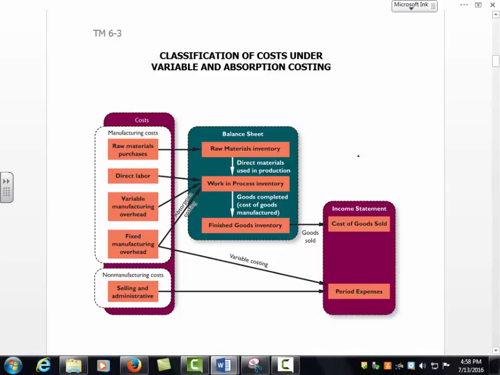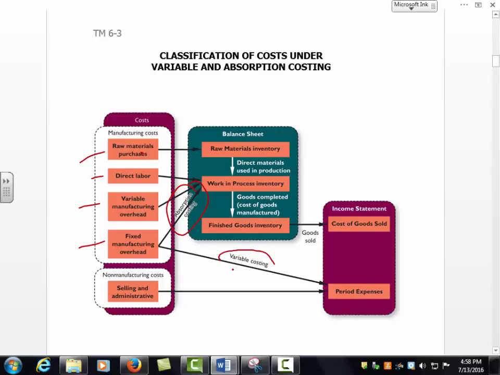So moving to the next slide on the handout, this is just a visual representation of what's going on. Materials, labor, and variable overhead go into work in process. Under absorption costing, so does fixed overhead.